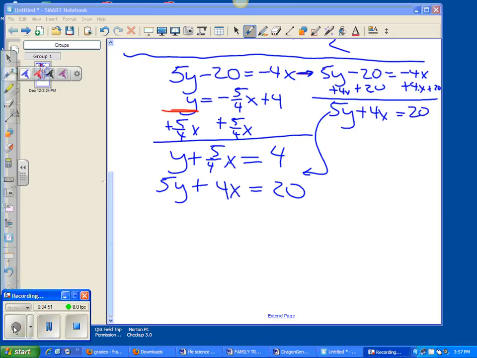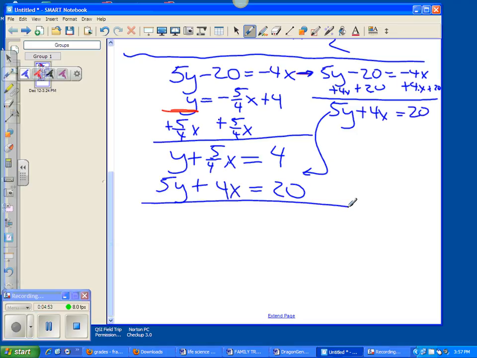And this is now ready to be combined because all the variables are lined up in columns and my numbers are lined up in columns also. The question is, how do I combine these two such that one of the variables will equal 0? What I need to do now is multiply one of these so that the other becomes 0.